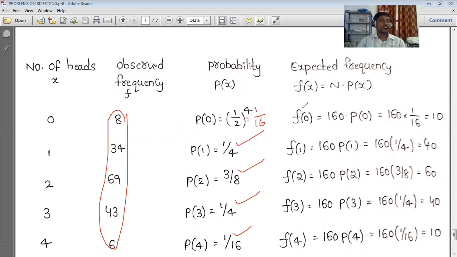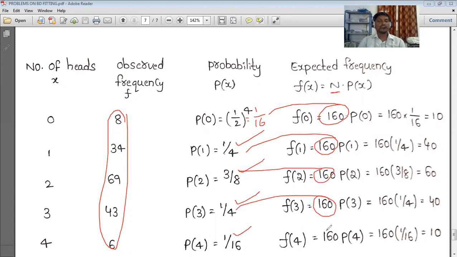Next, the expected frequency is nothing but capital N into P(x). Capital N, how much did we get? 160. So 160 into 1/16, 160 into 1/4, 160 into 3/8, 160 into 1/4, and 160 into 1/16. These are the expected frequencies: 10, 40, 60, 40 and 10.